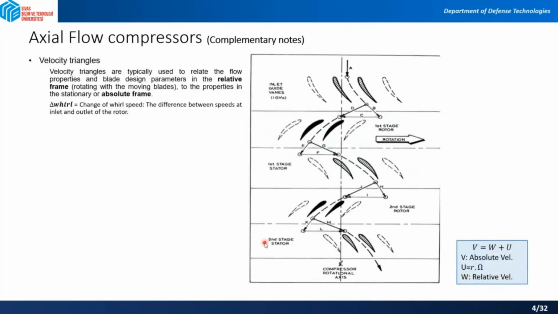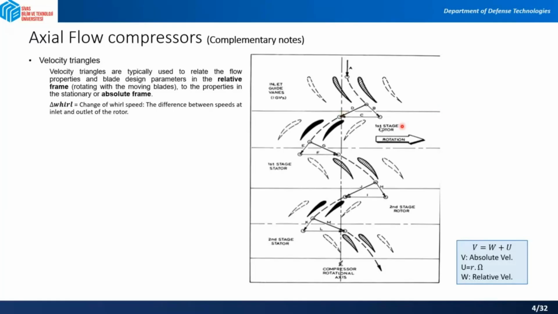And because we had some discussion on the velocity triangles previous session, now I want to make it a little bit clear for you. So as we said, these velocity triangles are typically used to relate the flow properties and blade design parameters in the relative frame to the properties in the stationary or absolute frame.